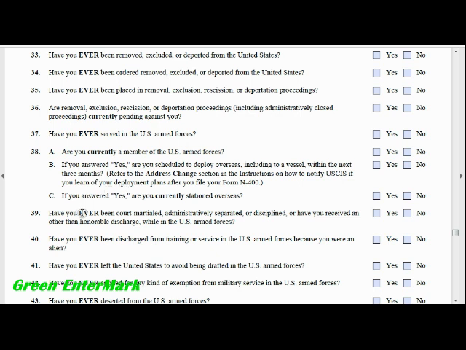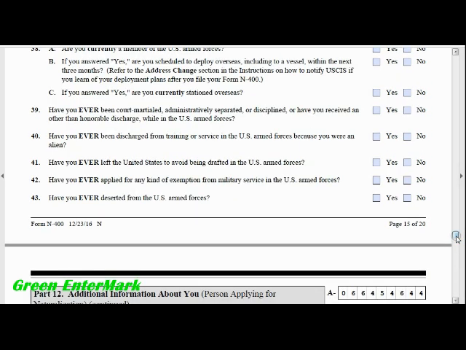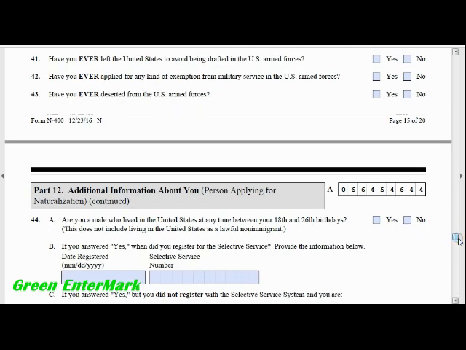So, have you ever been court-martialed? Have you ever left the United States to avoid being drafted? And have you ever applied for any kind of exemption from military service? Have you ever deserted from the U.S. Armed Forces? And are you a male who lived in the United States at any time between your 18th and 26th birthday?